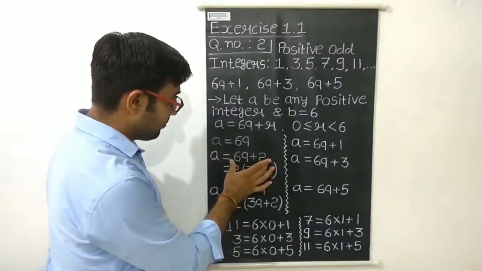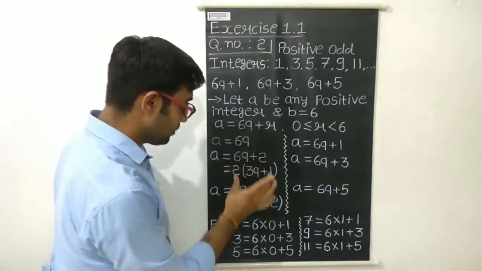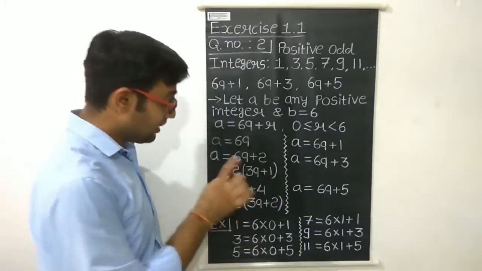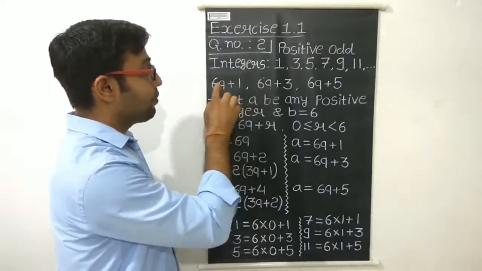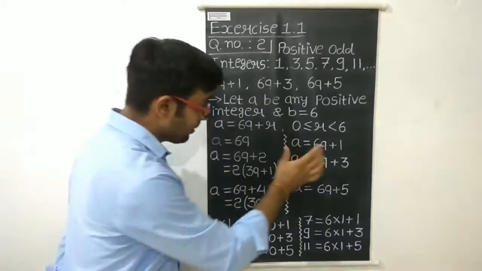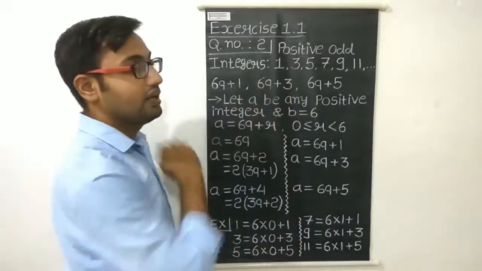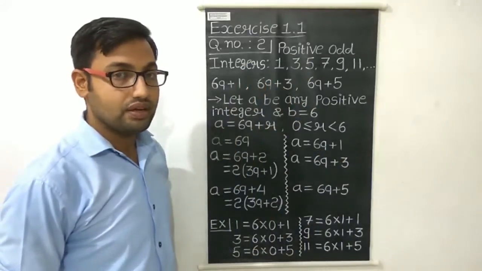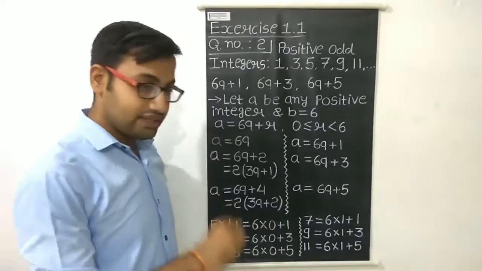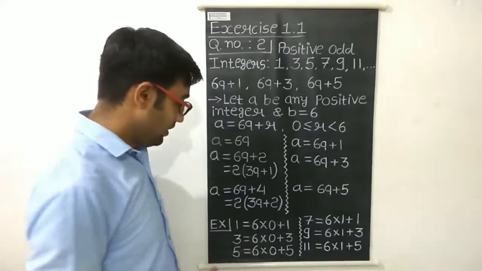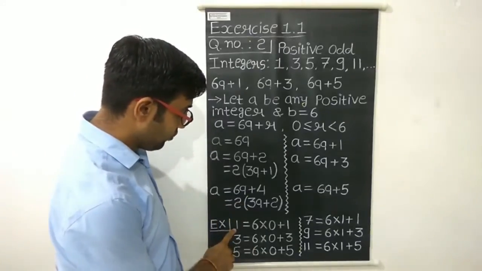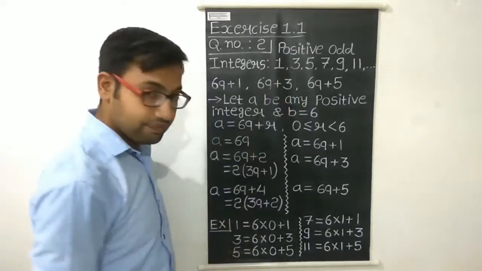So these 3 numbers 6q, 6q plus 2 and 6q plus 4 represent the even positive integers, and these 3 possibilities represent the positive odd integers, right? Let's take some examples to understand it. Let's suppose we want to represent the first number.